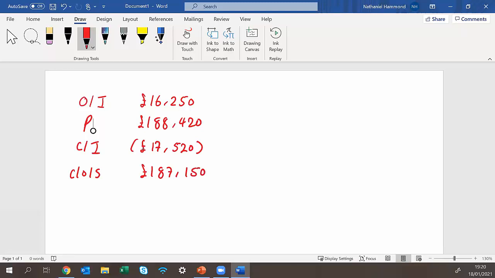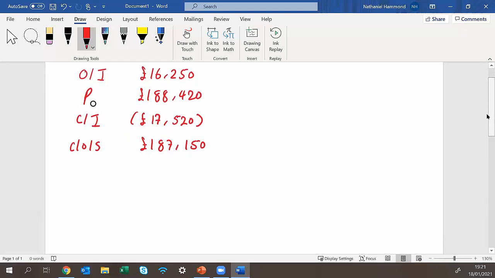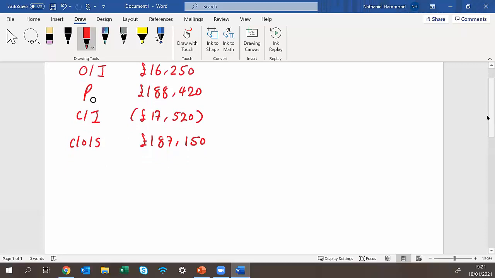So again, we're just thrashing out some maths in this instance. I'm just going to scroll down a bit so I've got a bit more wiggle room. Okay, so we're now going to figure out our value of sales. To do that, again, we're going to take our cost of sales, divide it by 100, and then multiply it by 100 plus the markup we are taking, which in this instance is 18%.